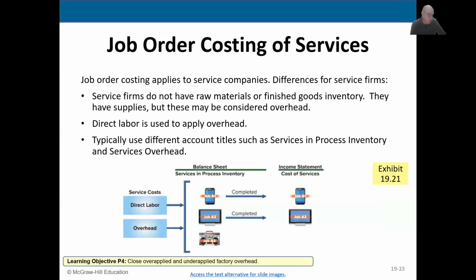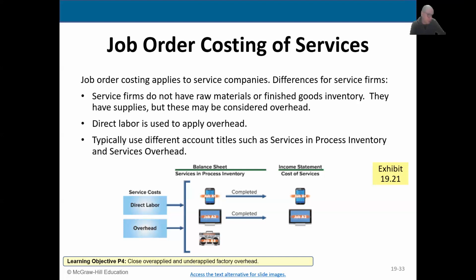You could even apply the process of job order costing to a service business. Now, of course, a service business is not going to have raw materials or finished goods inventory. It's a service. Think of it like a lawn service company.